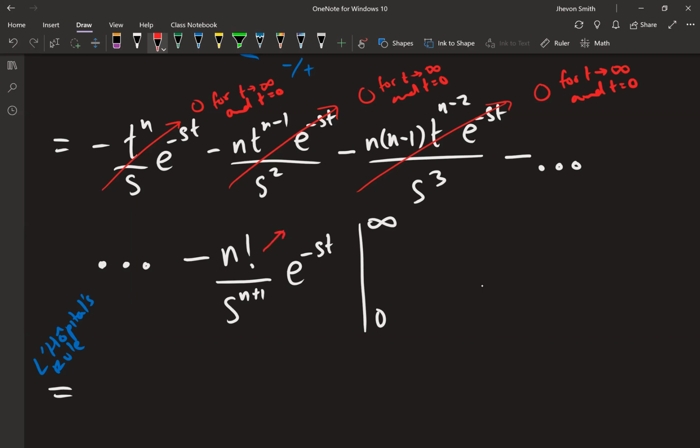This term is 0 as t goes to infinity, but at t equals 0 it doesn't go to 0. It goes to n factorial over s to the n plus 1.